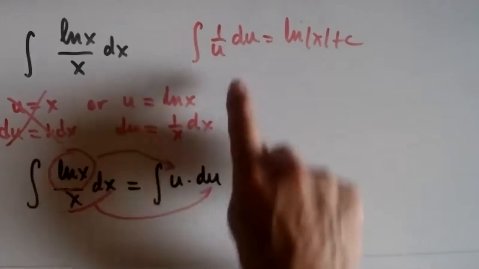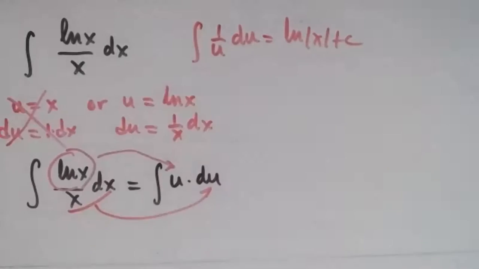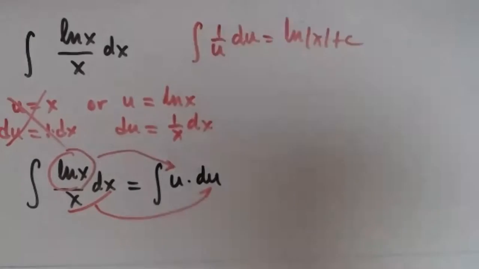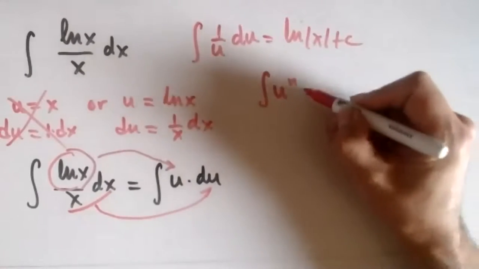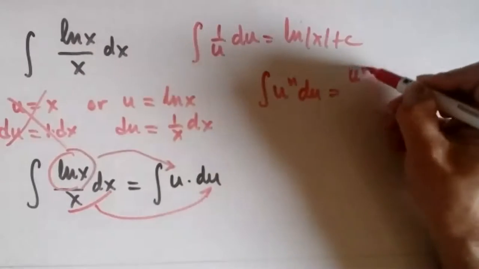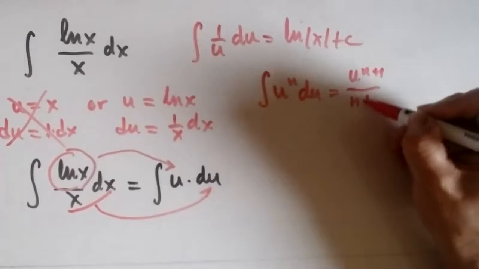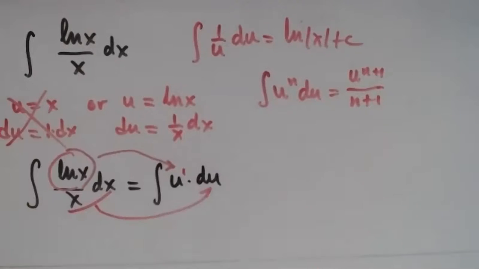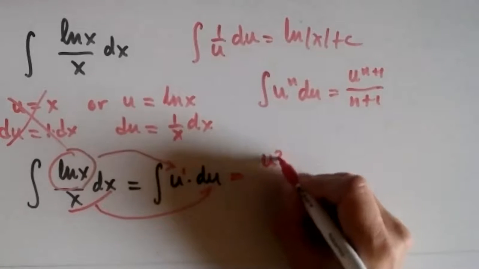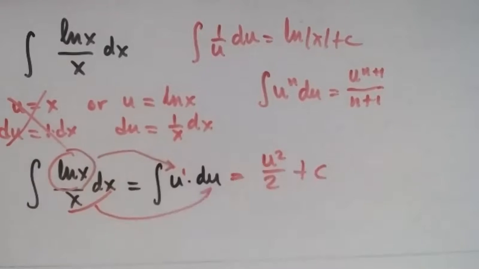Now, this is not the du over u formula, but the power rule. The integral of u to the n du is u to the n plus 1 over n plus 1. This is u to the 1, here is a 1, correct? So my solution is going to be u squared over 2 plus c.